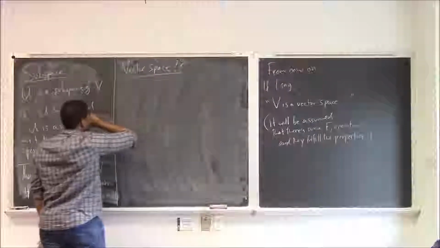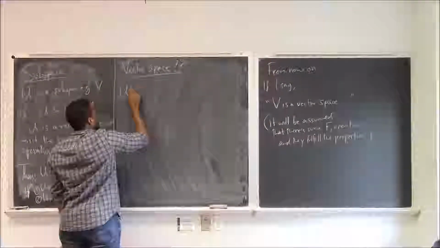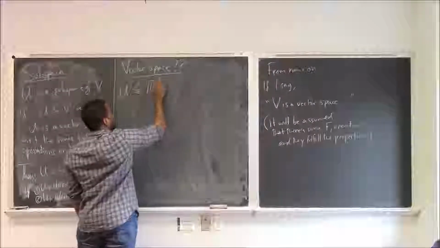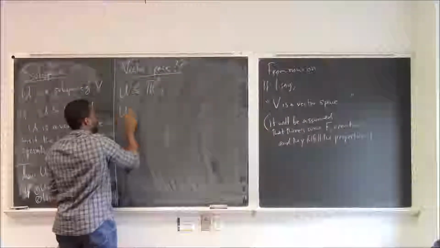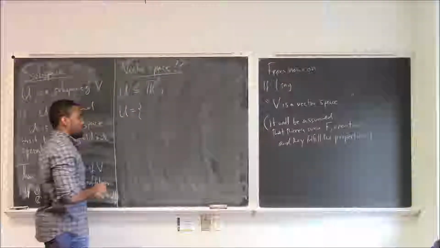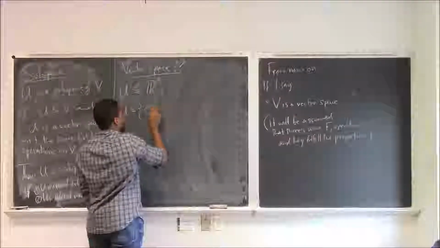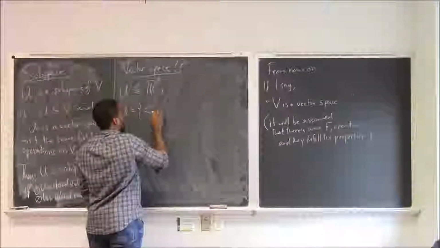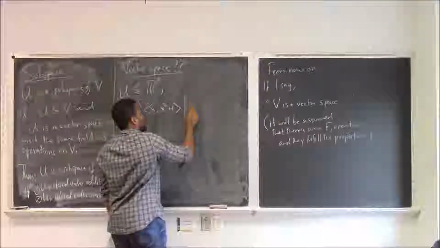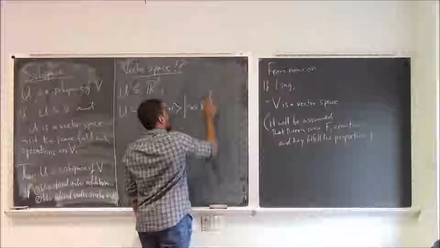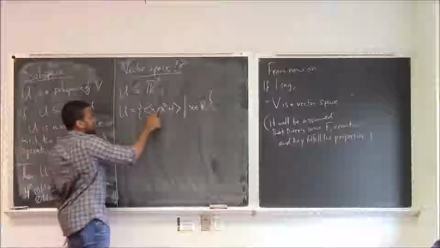Okay, so I'm going to define some detail. U is a subset of R2, and U is the set of all elements in R2 that have this form, (x, x squared plus 1) such that x is in R. So these are elements in R2, so we can think of them as vectors.